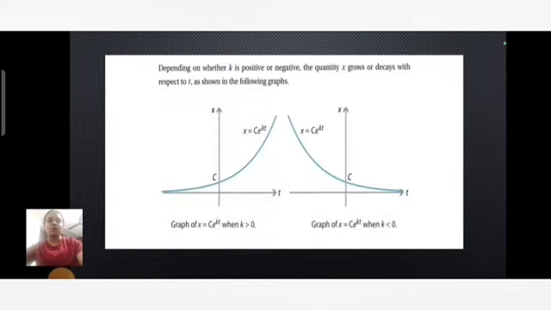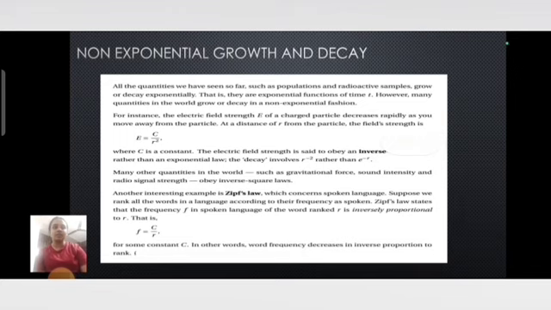Depending on whether k is positive or negative, the quantity x grows or decays with respect to t, as shown in the following graphs. Non-exponential growth and decay. All the quantities we have seen so far, such as population and radioactive samples, grow or decay exponentially. That is, they are exponential functions of time t. However, many quantities in the world grow or decay in a non-exponential fashion. For instance, the electric field strength E of a charged particle decreases rapidly as you move away from the particle.